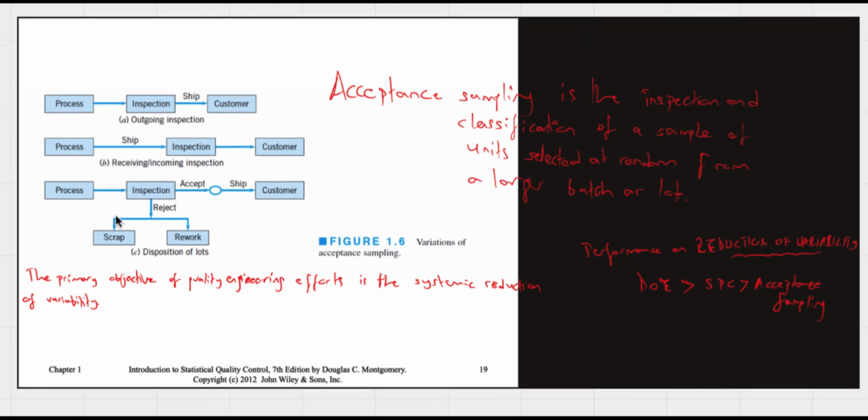The last method we are going to introduce is the acceptance sampling methodology. It is a methodology for the inspection and classification of sample units selected randomly from a larger batch or lot.